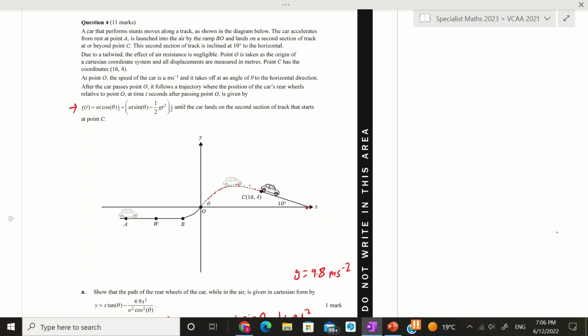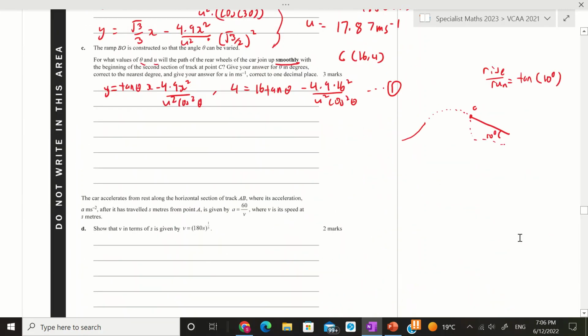If this ramp was represented by the equation of a line, it would have a negative gradient, which is why the gradient of the ramp is not really tan of 10, it's actually negative tan of 10 degrees. So m ramp would be minus tan of 10 degrees.